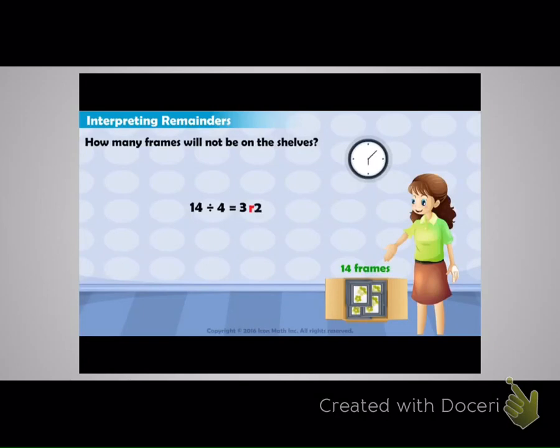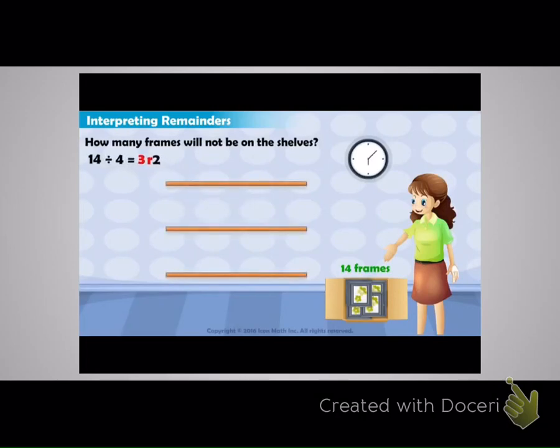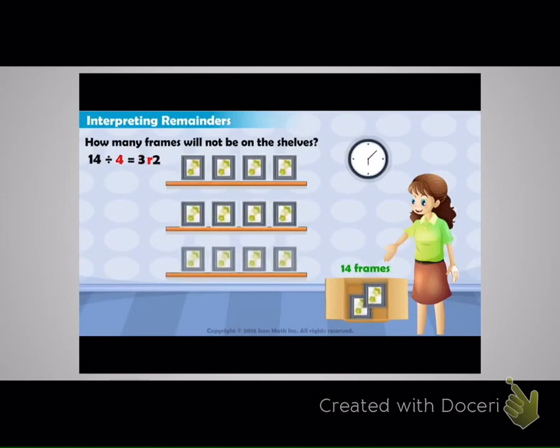If Diana wants each shelf to have 4 picture frames, she can have 3 shelves with 4 picture frames on each. But the question is not asking for how many shelves Diana will have. It is asking us to determine how many picture frames will not be on the shelves. Notice that the remainder is 2.